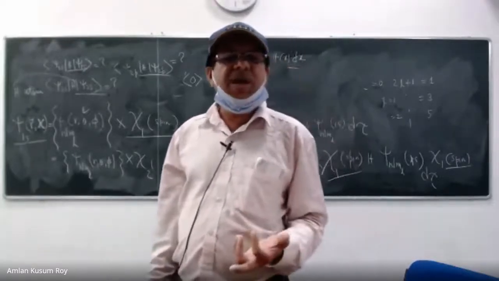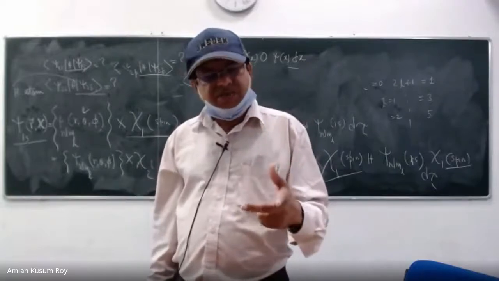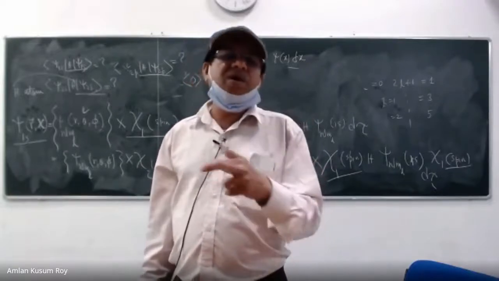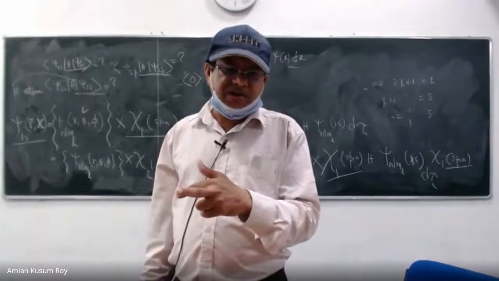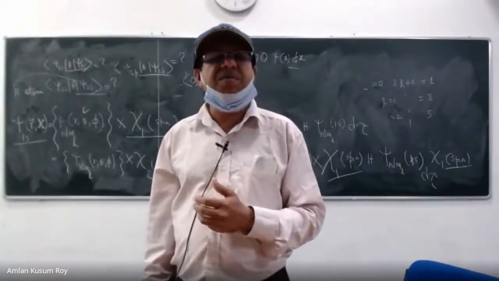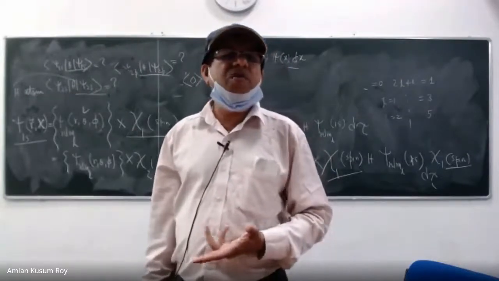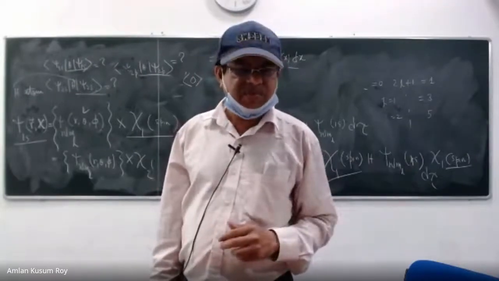Both of them have the same spatial function, but one of them has the spin half function, one of them has the spin minus half function. That is how the Pauli exclusion principle you have read works, that all the 4 quantum numbers cannot be same, right?